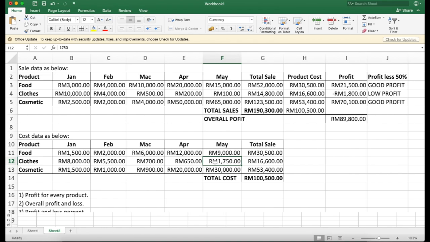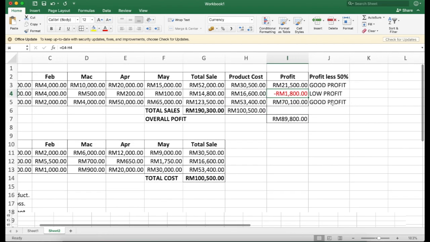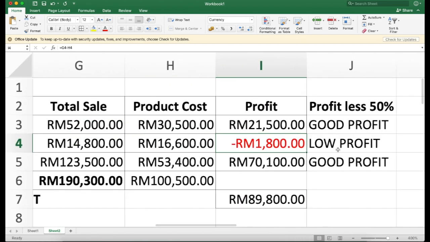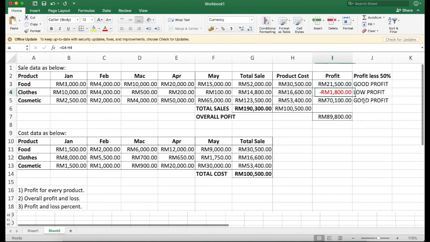Close. Sepatut negatif, yes, negatif pun. Dia negatif ni ada merah lah. Nampak tak? Dia dah tukar pada low profit. Okay, low profit sebab cost ni lebih tinggi daripada sale.